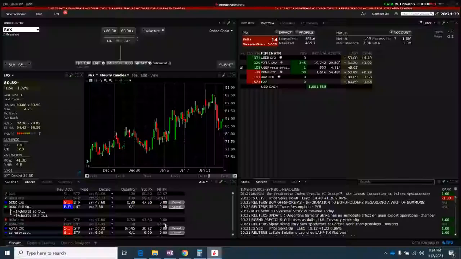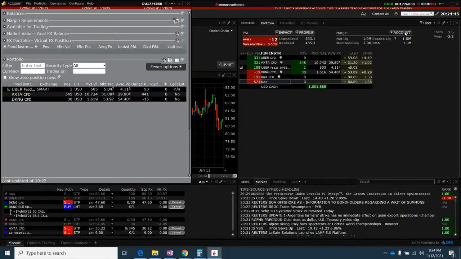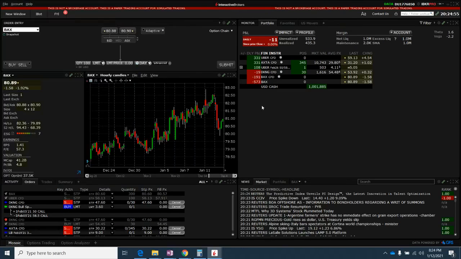So let us first check the status of the portfolio. Here we can see the profit and loss, unrealized. We have Uber. There are three positions that are open. The ones that you can see here are those which have zero positions already.